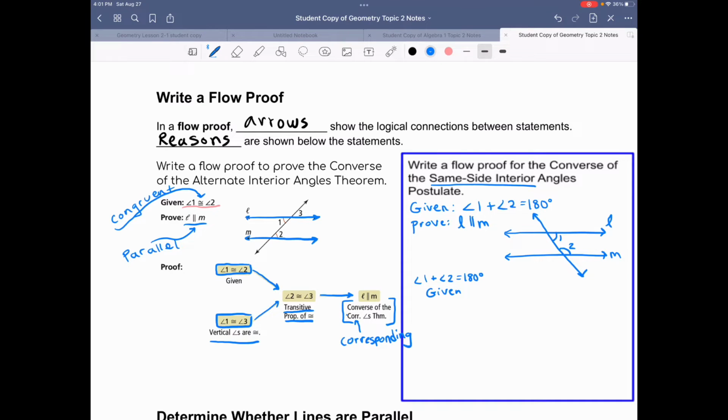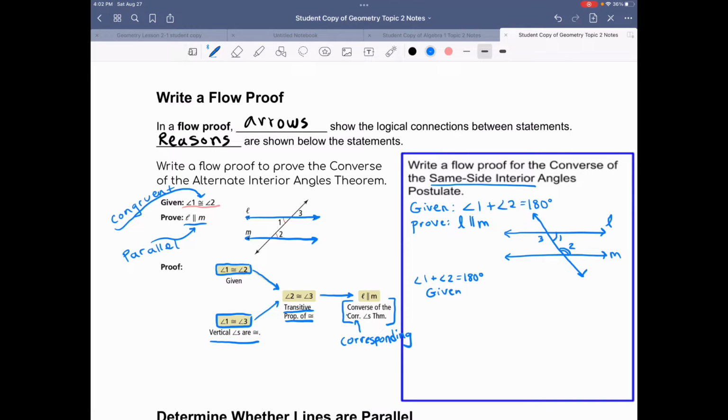And we can also say in the beginning that, well, first we have to label another angle. So I'm going to label this angle 3 right here. And I'm also going to make that angle 2 have a double line just to show that angle 1 and angle 2 are not congruent, because if they were congruent, they would have the same marking.